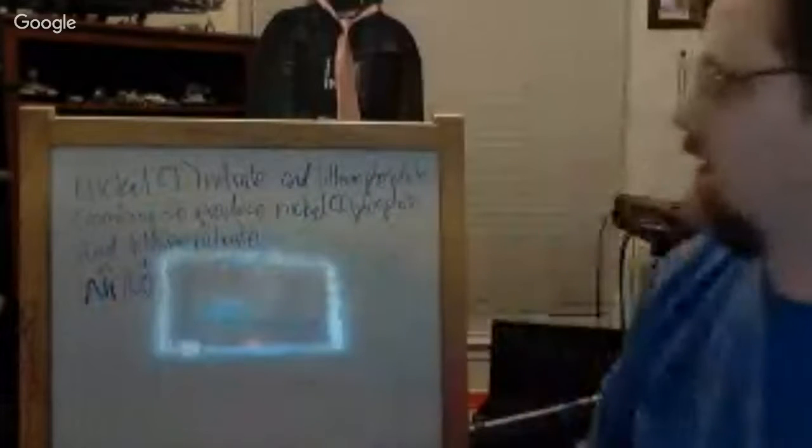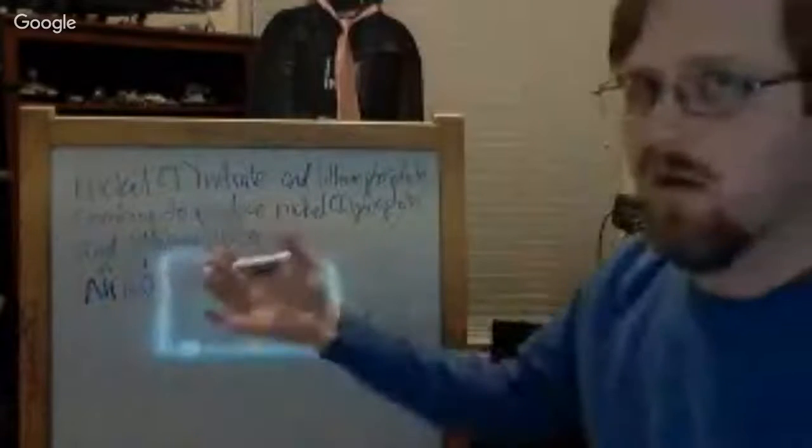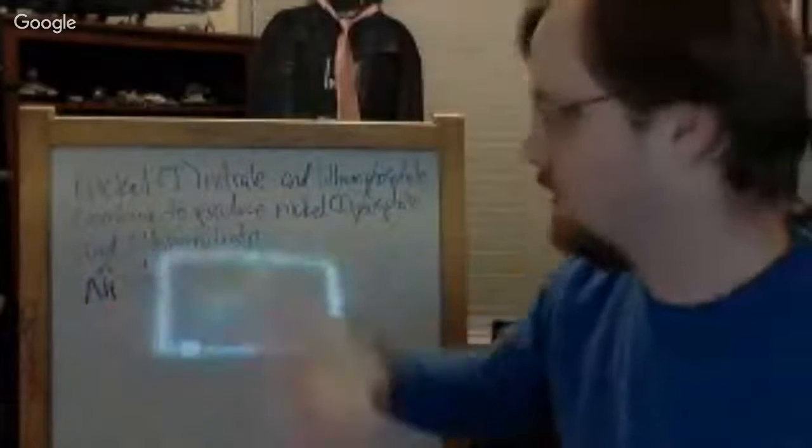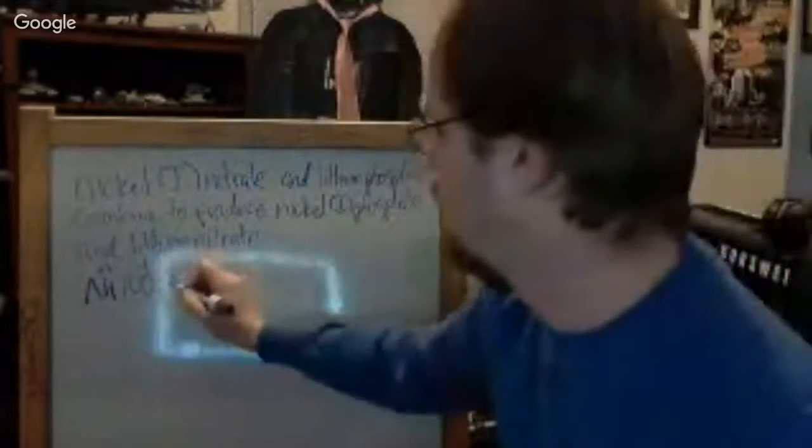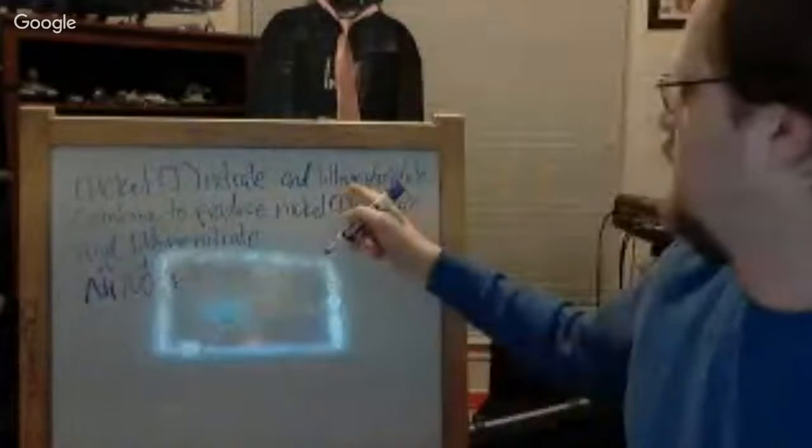Nitrate is a polyatomic ion from the back of your periodic table. So that's NO3 with a charge of -1. We already add that to 0, so there you go. And then it says and, so that's the plus.